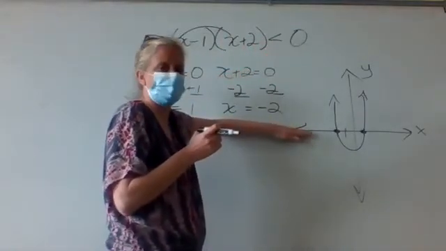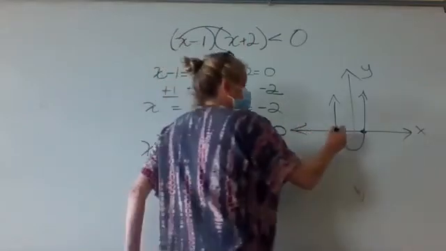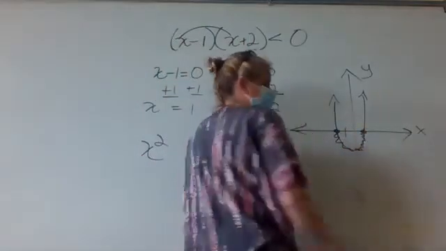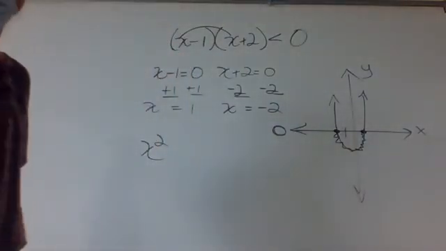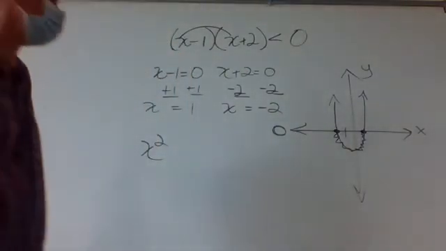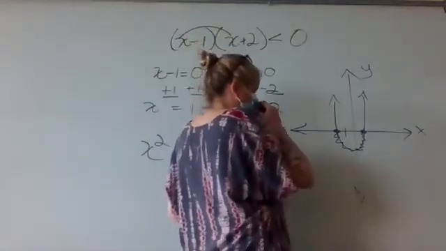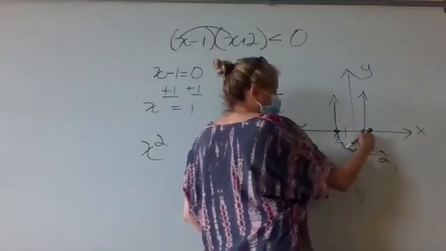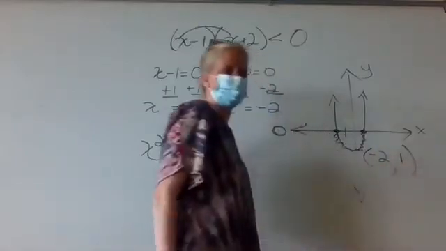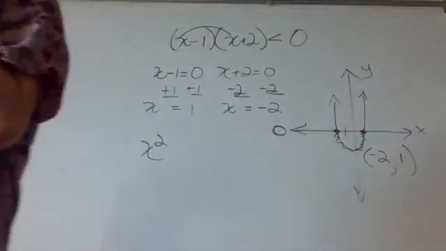Well, if this is 0, here's the interval that it's below the 0. So you're just going to write that in interval notation. The interval that it's below 0 starts at -2, and it's below 0 all until it gets to 1. So -2 to 1.